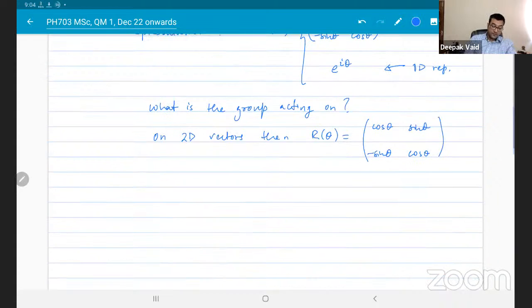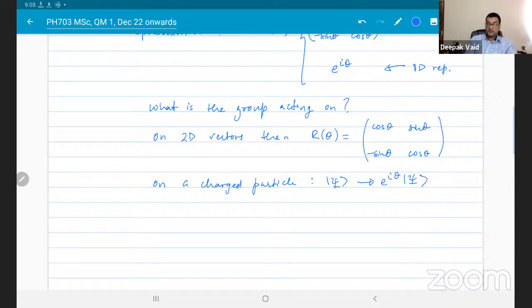But what if it's acting on something else? For instance, in electromagnetism, if you have a charged particle, you can take the state of the charged particle and multiply it by a phase.